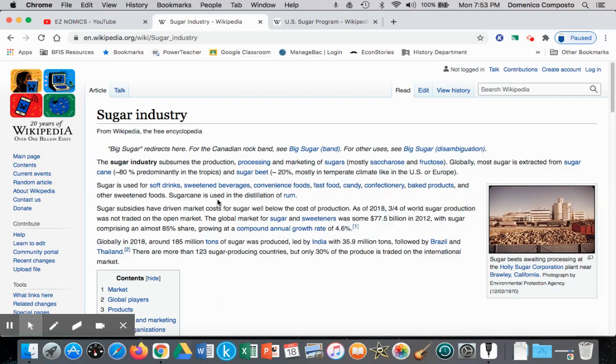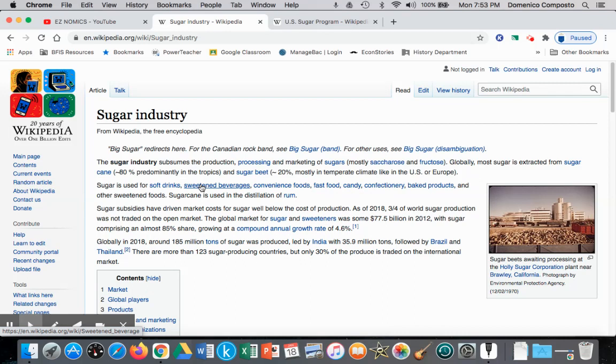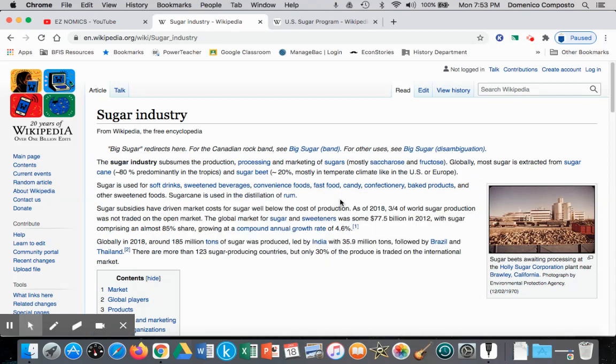So there are arguments stating that trade protections on sugar actually create increased unemployment in the soft drink industry, sweets and beverage industry, convenience foods industry, and fast food industry, as a result of the higher sugar price compared to the world price.